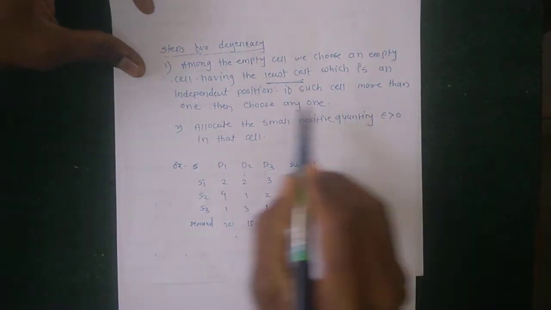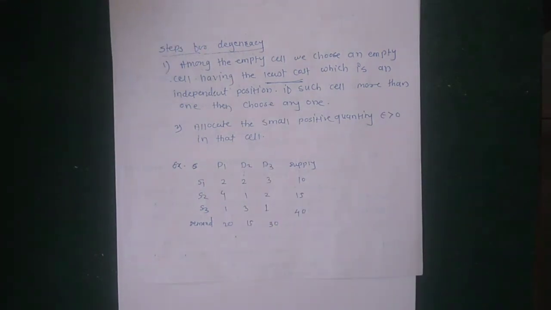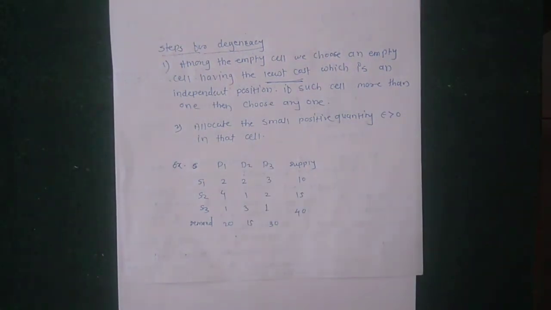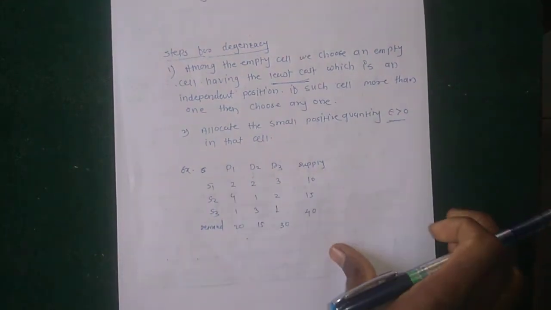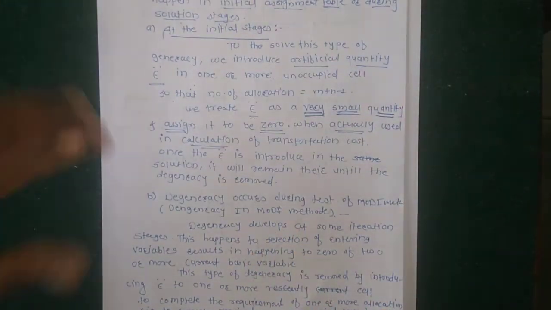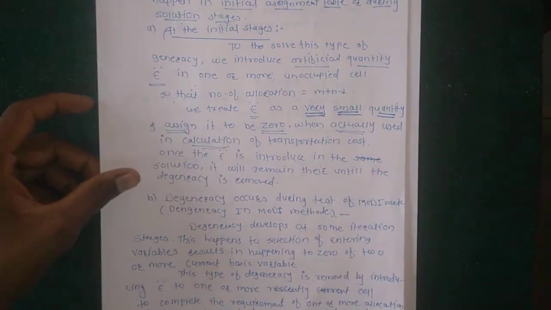If there is more than one such cell with the smallest cost, then choose any one of these, and allocate a small positive quantity epsilon greater than 0 in that cell. So this is our algorithm for degeneracy of transportation problem.